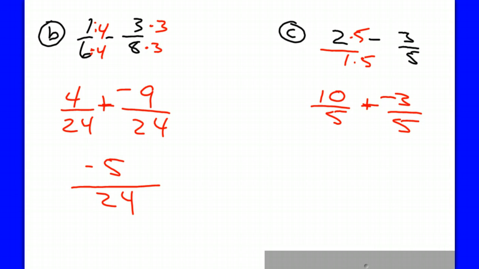Okay. And I know that 10 minus 3 is a pretty easy thing to do, but we just use this strategy in case we get to those tough ones, okay? And so 10 minus 3 is 7 fifths, right? And now, Gavin, give us that in a mixed number. 1 and 2 fifths. Good, 1 and 2 fifths. 5 goes into 7 once, and there's a remainder of 2. So 2 is still being divided by 5.